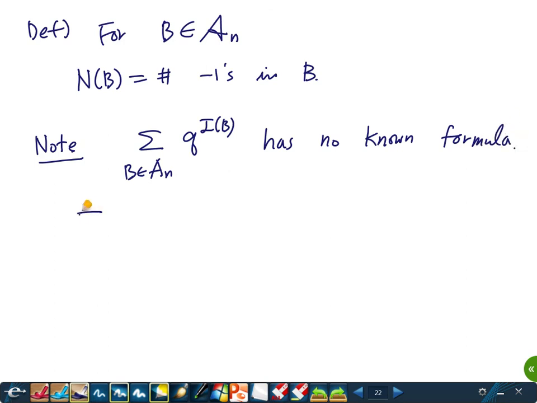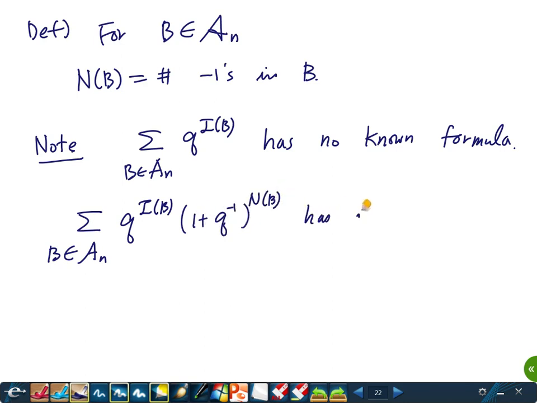But there is a nice formula for this: Q to the inversion number. If we add something different, Q to the inverse of N of B has a nice product formula. As one of the homework problems, you will find a nice formula using SAGE.